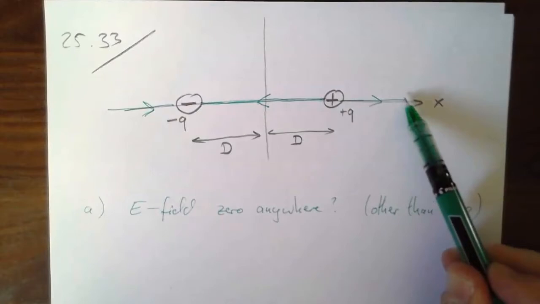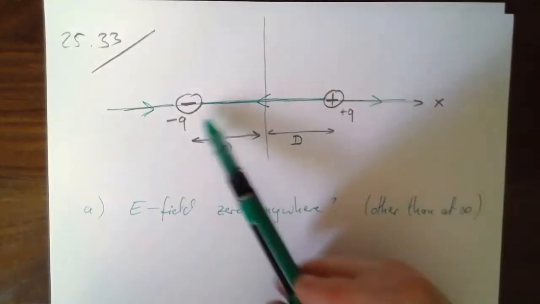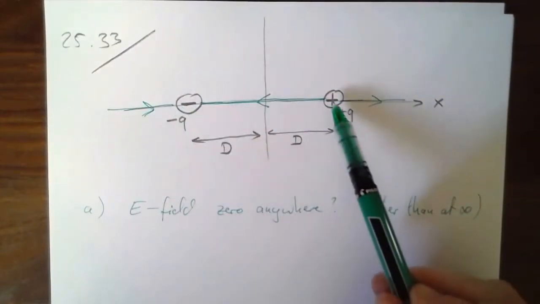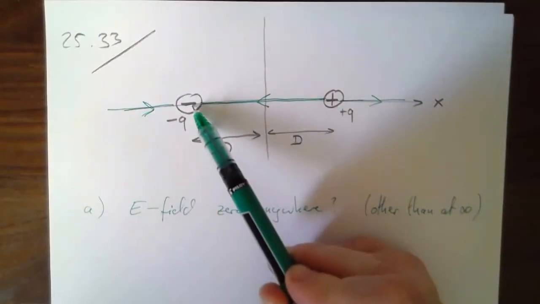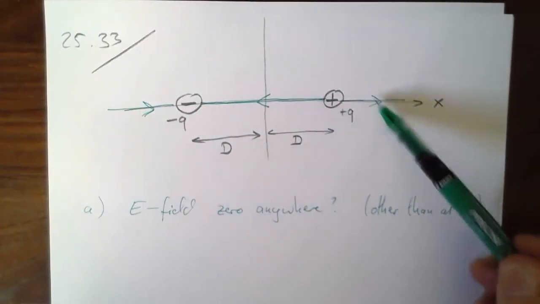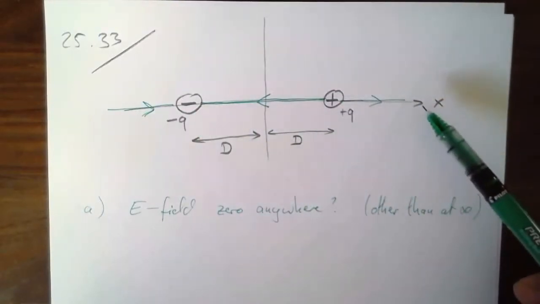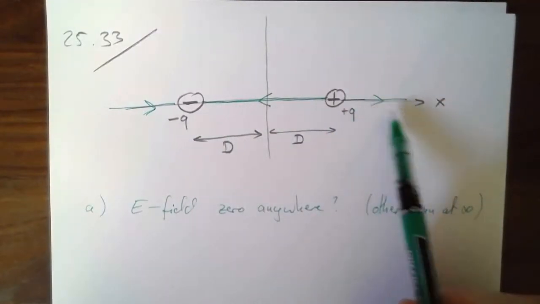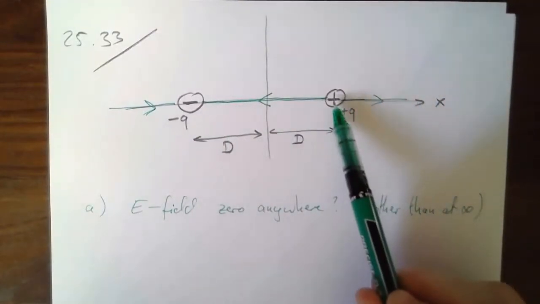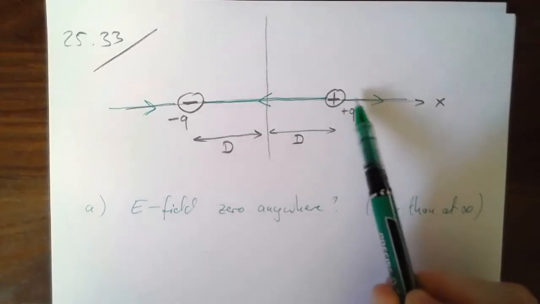Similarly, if you're over here, is there a point where the contribution from those two cancels out, right? The plus wants to create an electric field to the right, the minus wants to create an electric field to the left, if you're somewhere out here. But because of the same magnitude of charge, and if you're on the right, you're always closer to the plus, that means the plus is always going to win.